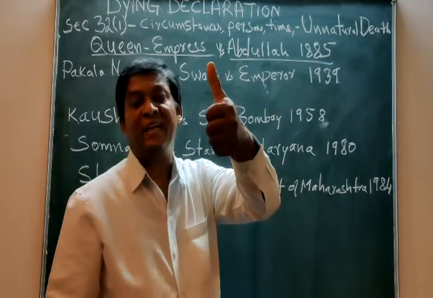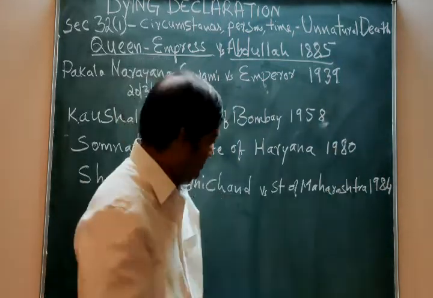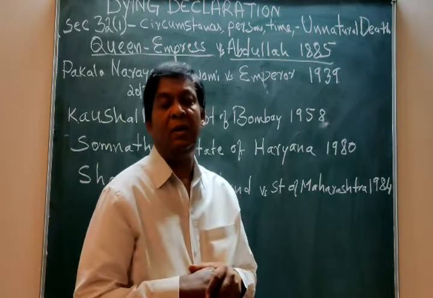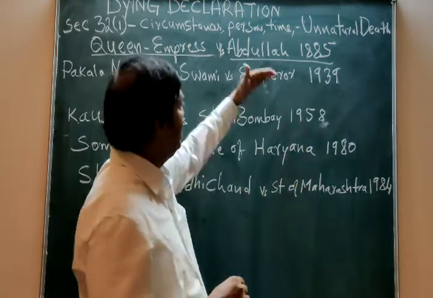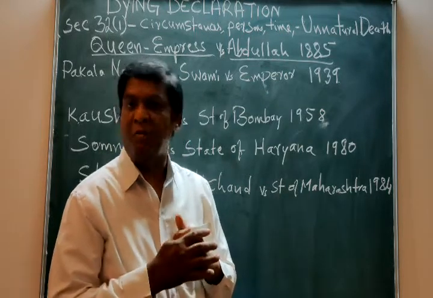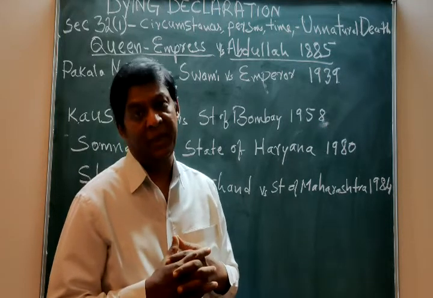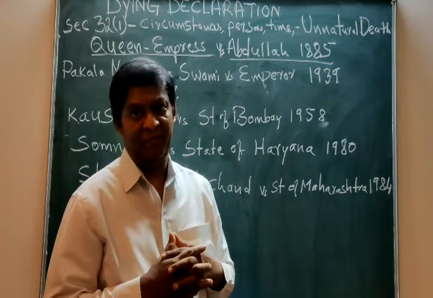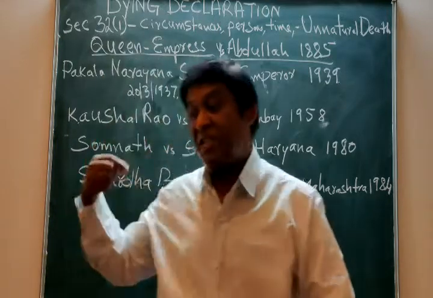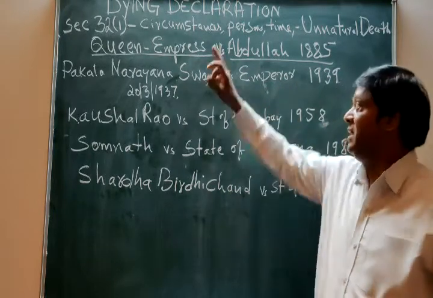So they could secure her thumb impression on the statement. As a result, Abdullah was arrested and he was convicted for killing the lady. Okay? So, a wonderful writing down of a dying declaration, that is by hand symbols in this case.